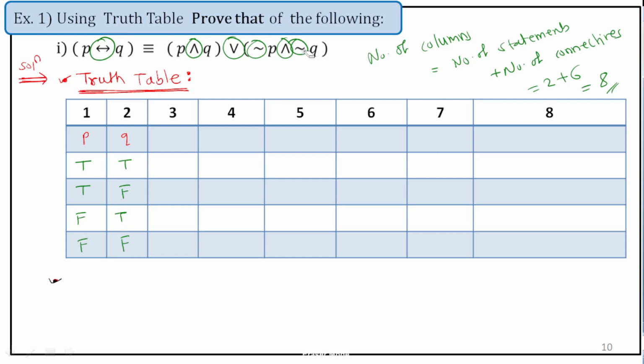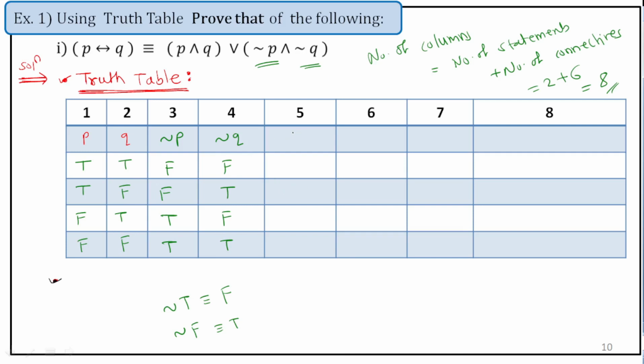After that, find negation P and negation Q. The negation of T is false and the negation of false is true. So negation of P is F, F, T, T, and negation of Q is F, T, F, T.